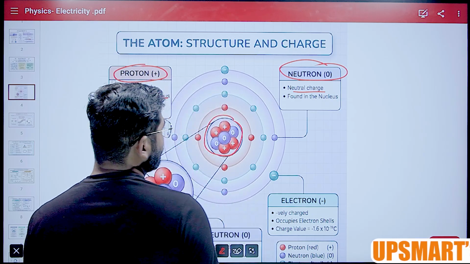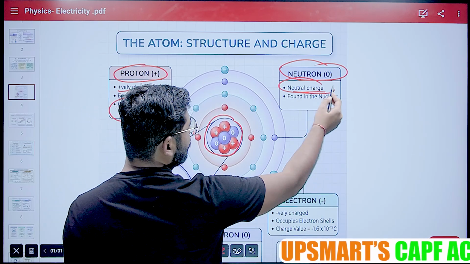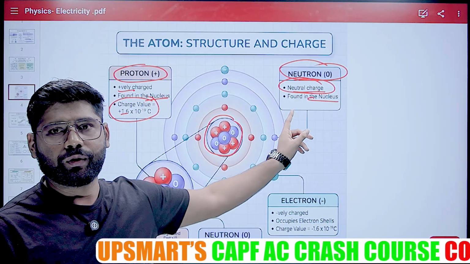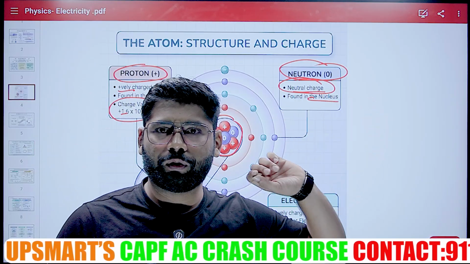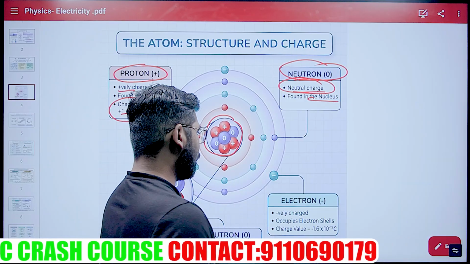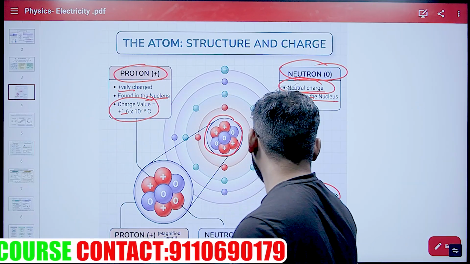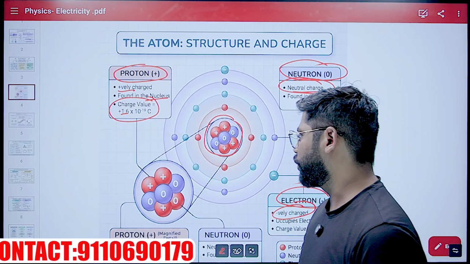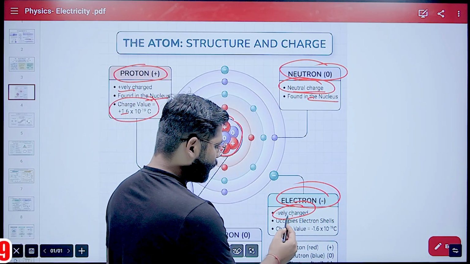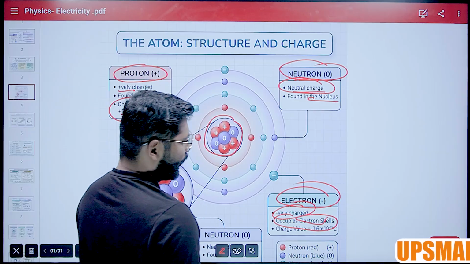Next, the neutron. Neutrons are neutral and are found in the nucleus. The neutron doesn't have any charge value because it is neutral, neither positive nor negative. Next, the electron. Electrons are negatively charged. We find electrons in the electron shell.